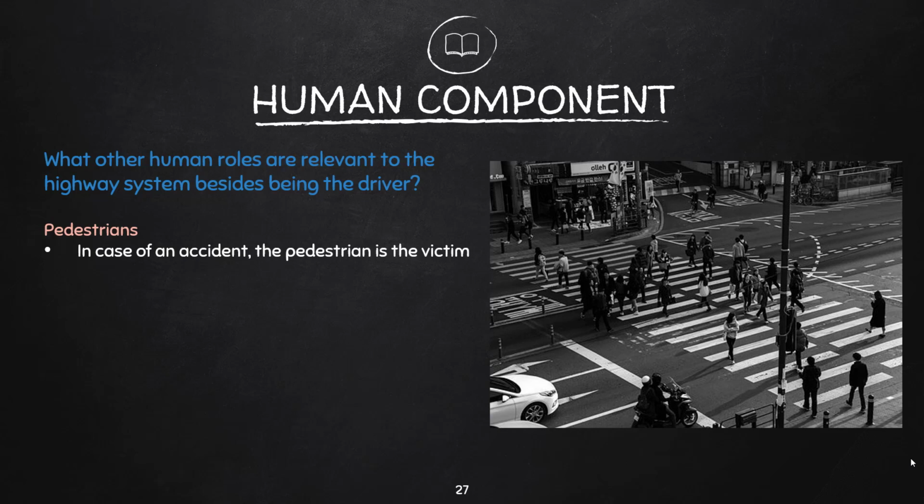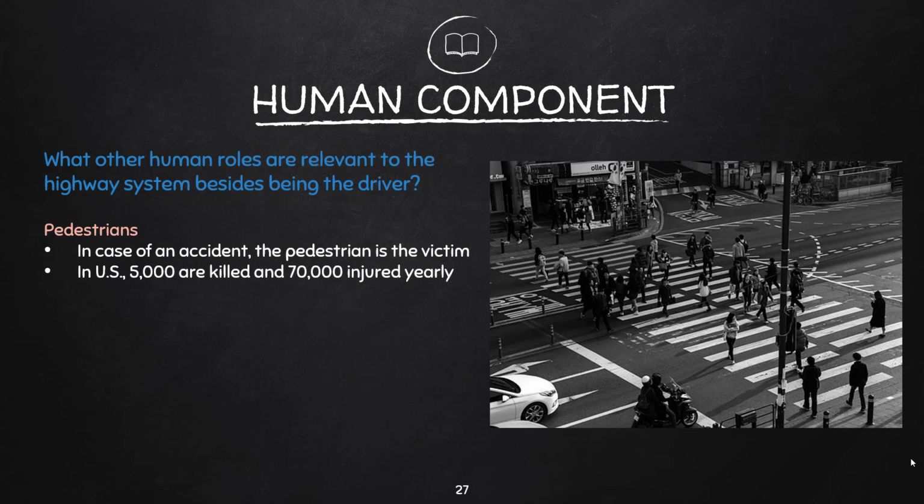For example, if a vehicle and a pedestrian undergo a collision, of course the pedestrian will be the victim because the pedestrian has a lesser momentum as compared with the car, which has greater momentum. So if they collide, the pedestrian will have greater damage.